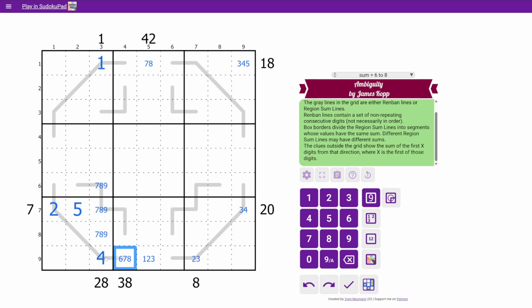And it can't make it to 8 on a region sum, and it can't add up to 8. So 8 is a no-go. So this is now 6 or 7.